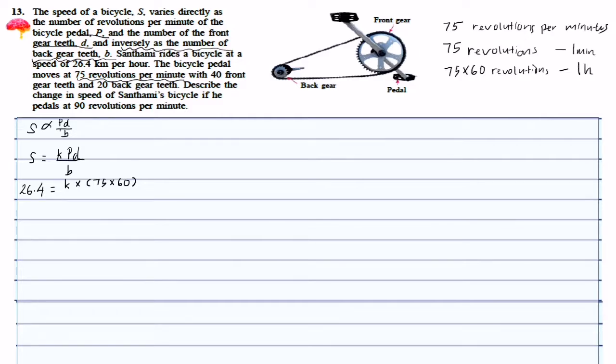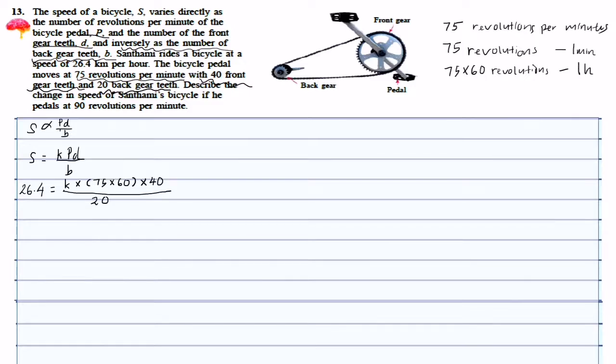Okay, we continue with the info with 40 front gear teeth. So front gear teeth is D, right? So times 40 over B. B is 20 back gear teeth.